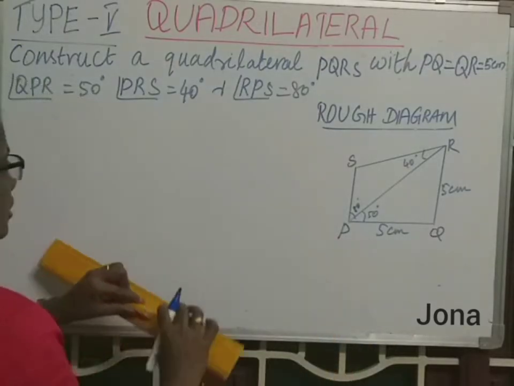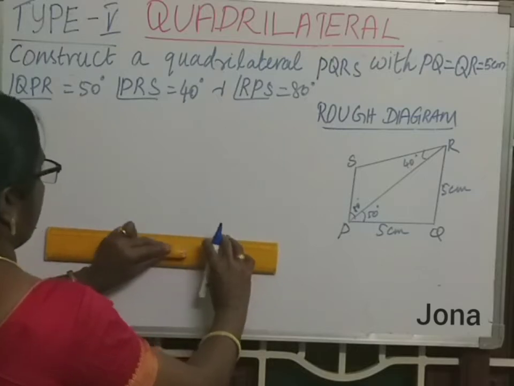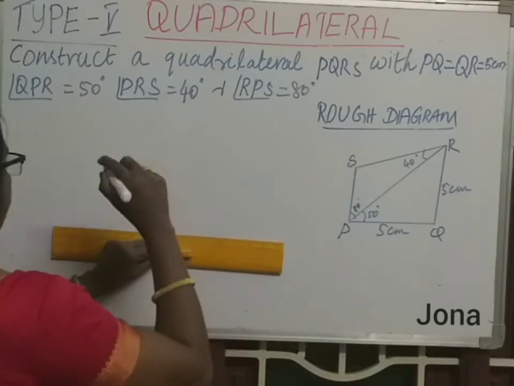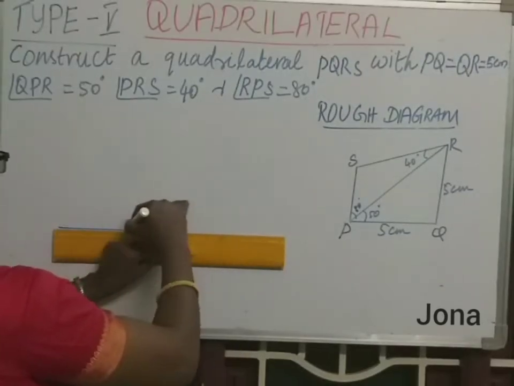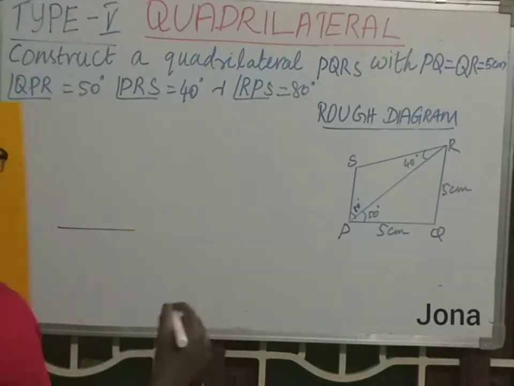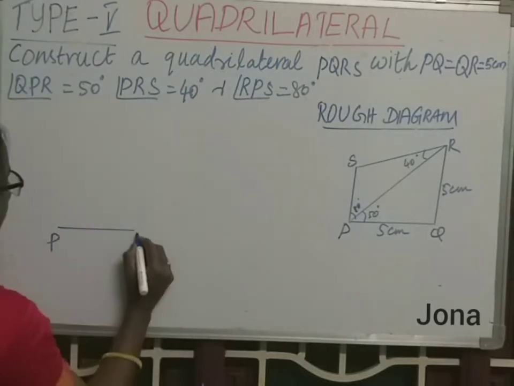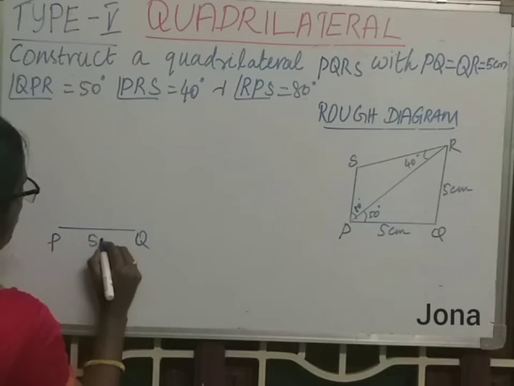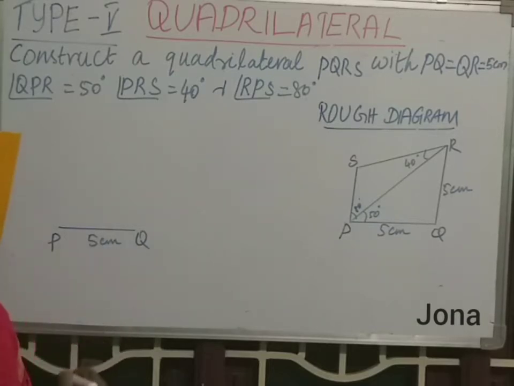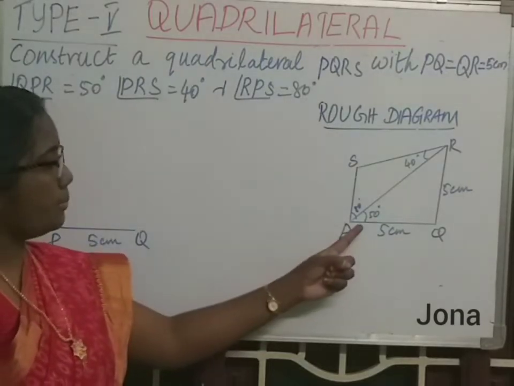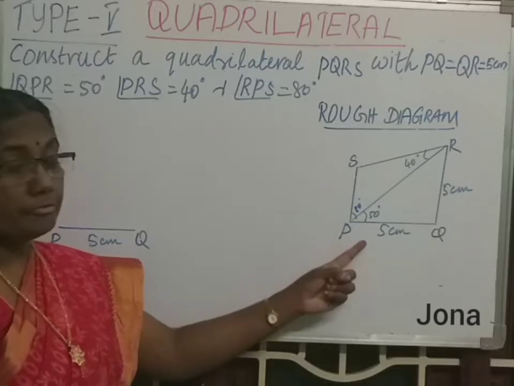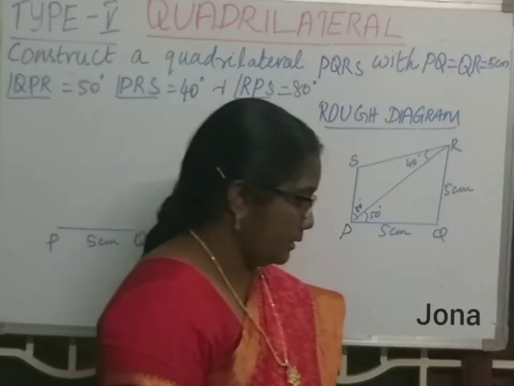So first draw PQ as 5 centimeter. And then by the use of protractor we have to take 50 degree there.